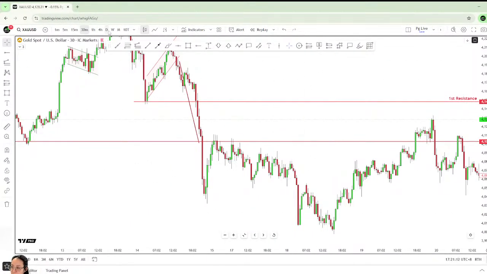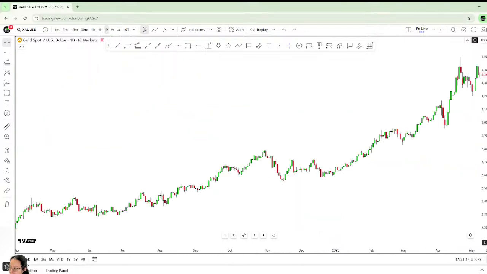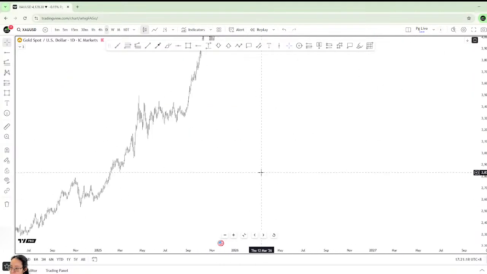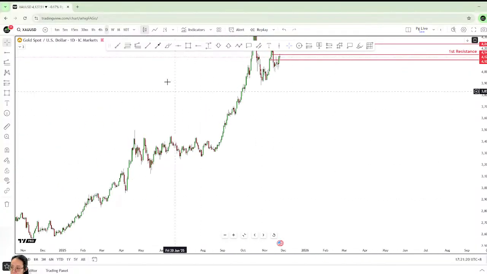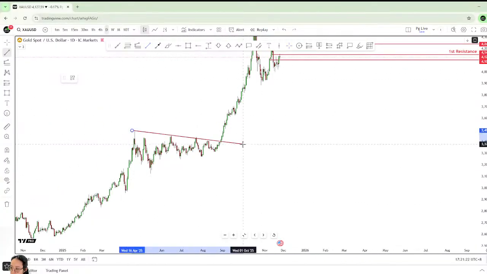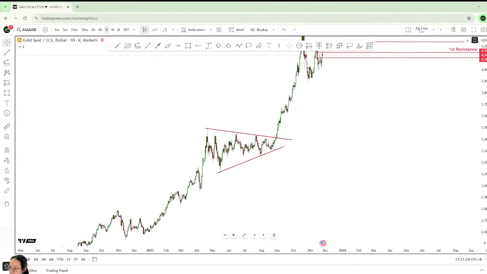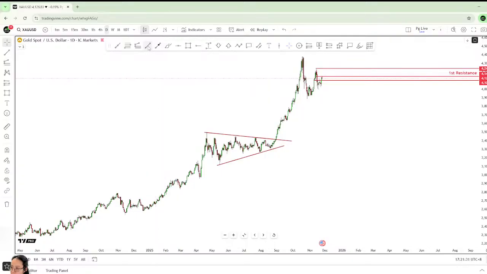Oh, I saw the triangle in the H1. Okay, D1 frame here, triangle first, right? Here, okay, before the breakout and retest, can we find, I'll get the distance, maybe since here.